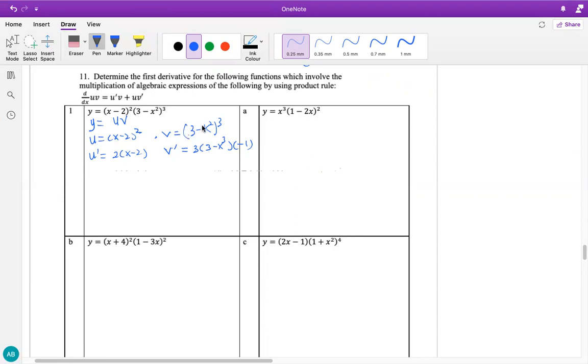Sorry, this is 2x. So this is negative 2x. All right, let me rewrite.